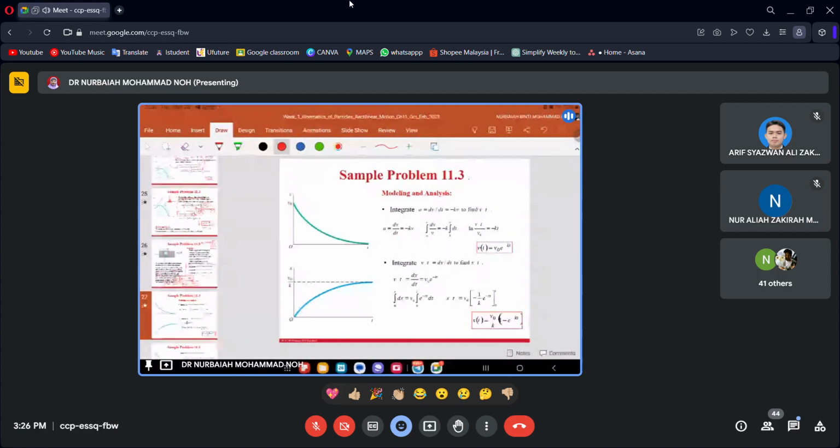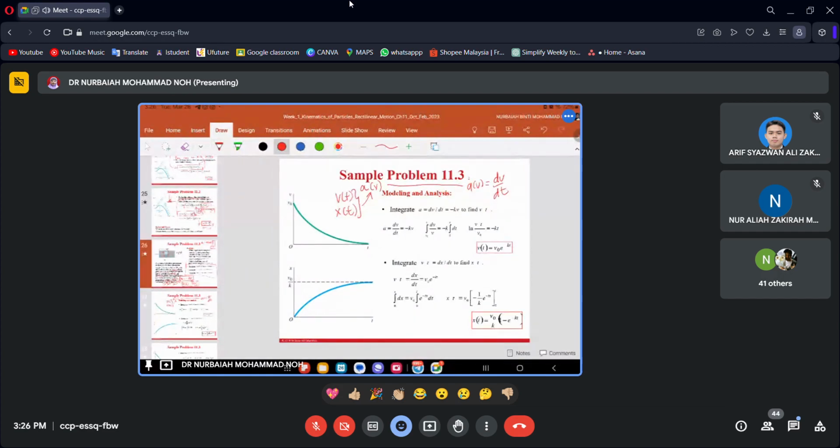Alright, so now here we want to derive for V as a function of t and then later x as a function of t by given A as a function of V. So in order to get this, based on this, then you need to choose A equal to dV over dt.